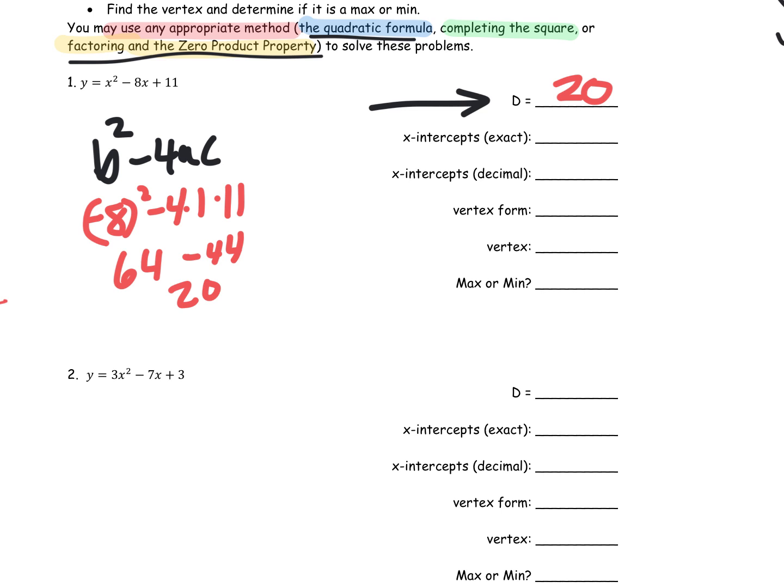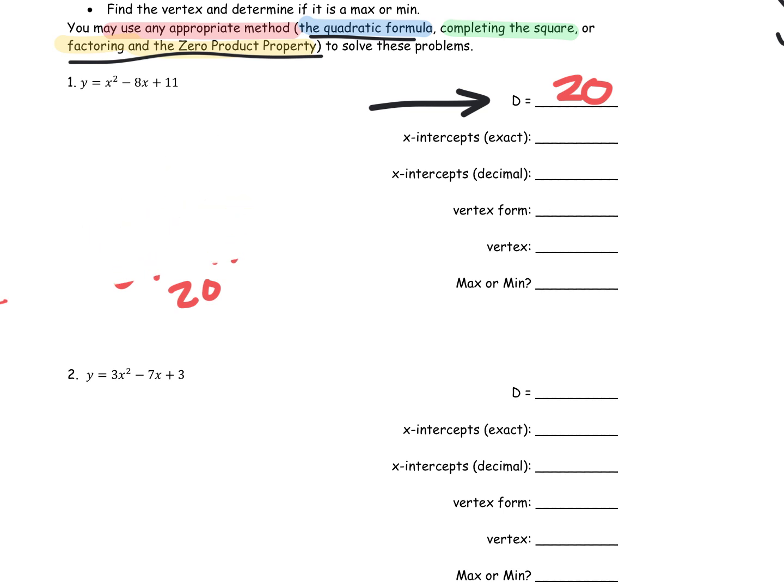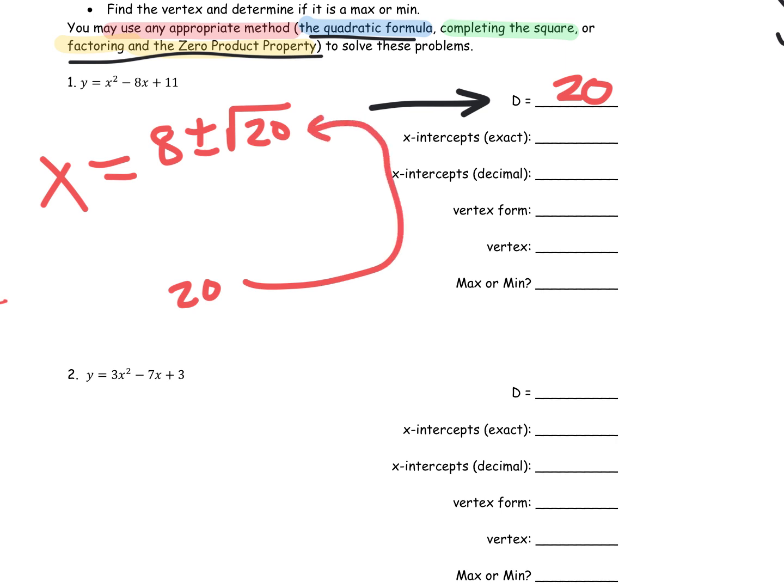Unless you see how to factor it right away, which I don't, I would just go right to the part where we already know this is the part that's underneath the root. So x equals negative b would be 8, plus or minus the square root of 20, because I already figured that out, all over 2a, which is 2 times 1, which is 2.